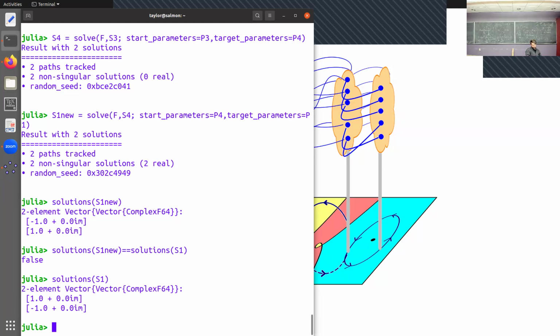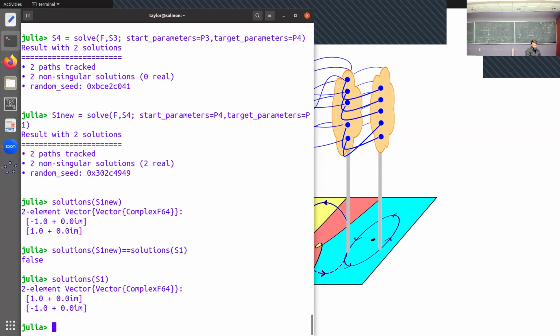This phenomenon of solutions permuting as you run around the parameter space and come home is called monodromy. And it may seem pretty innocent at first, like not so much interesting stuff maybe is going on. I don't really see how this helps me solve polynomial systems at all, or understand them.